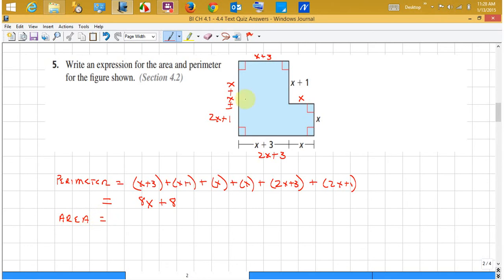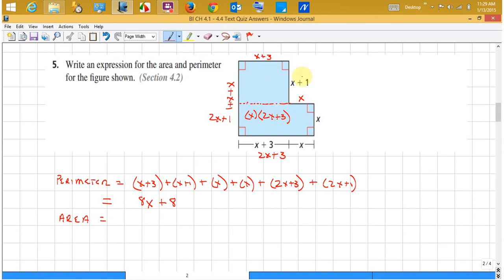Okay, so for the area, I'm going to divide this in half and figure out the area of these two boxes. So for the box that's right at the bottom, that's going to be the area of this x side times the length of the bottom.